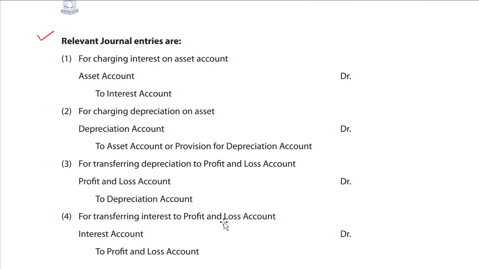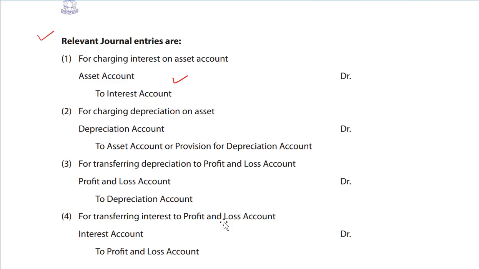Let us see how we will journalize these transactions. Relevant journal entries are: First, for charging interest on asset, asset account debit to interest account.